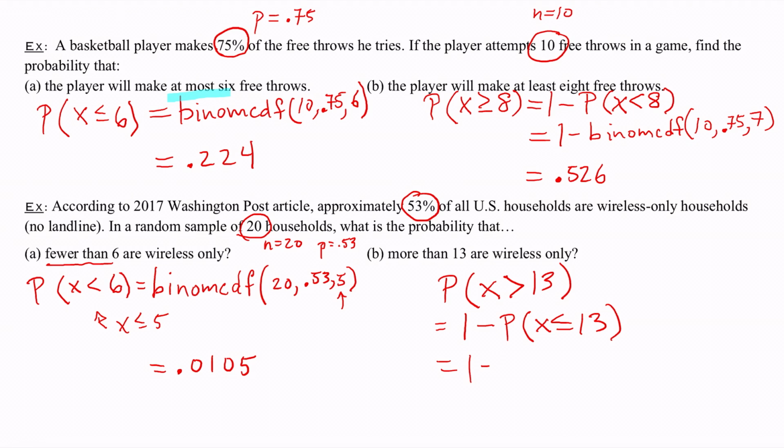So we'll do 1 minus the binom CDF. And x is less than or equal to 13, so we'll do 20 trials, 0.53 probability of success, and then 13 successes, or less than or equal to 13 successes. And this will give us a probability of about 0.0958.